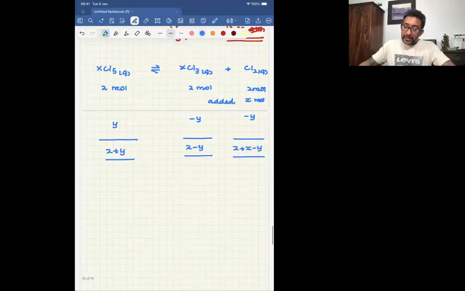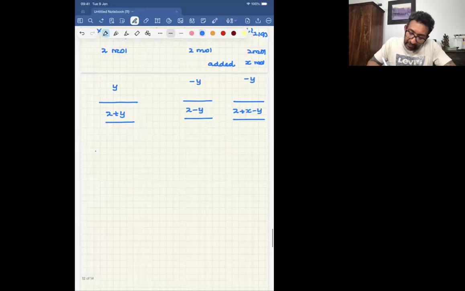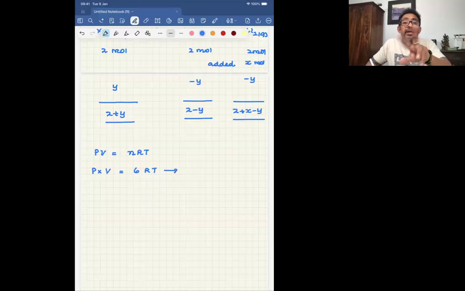So if you apply PV = nRT to the initial case: pressure, volume. The volume is V. Number of moles is 6, R and T. Pressure and temperature are constant.